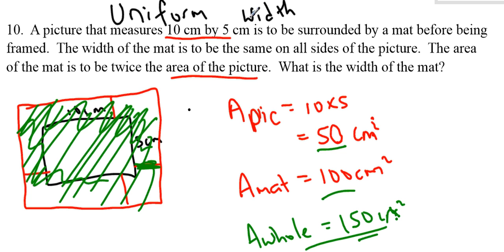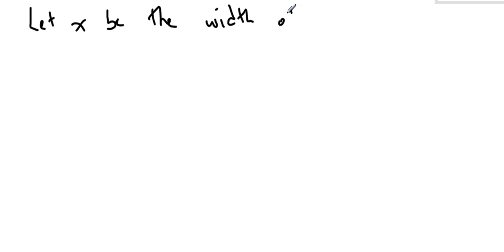So all we have to do now is figure out how we're going to write the entire length and the entire width, and that's based on the variable x. So let's start solving this question. And as always, when we do uniform width, we let x be the width of the mat, measured in centimeters.